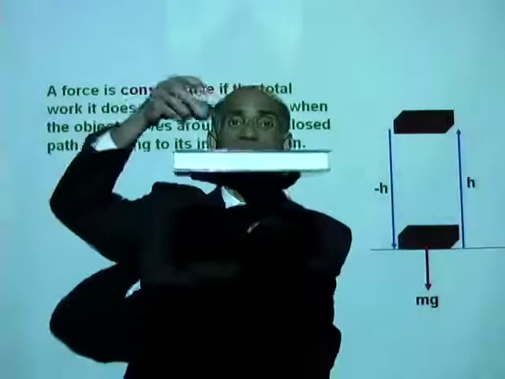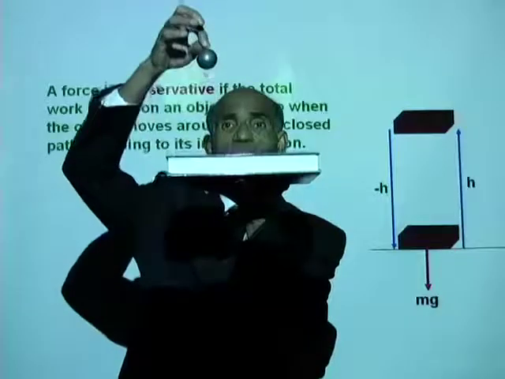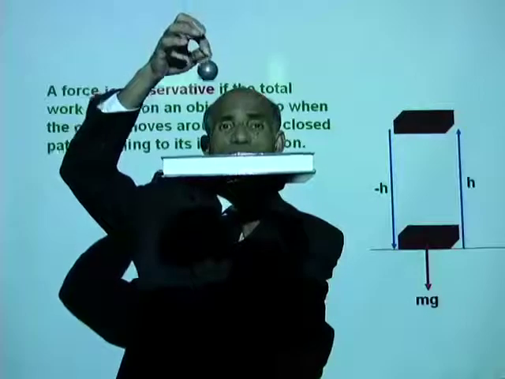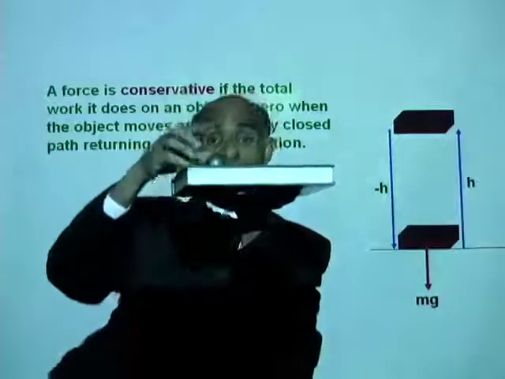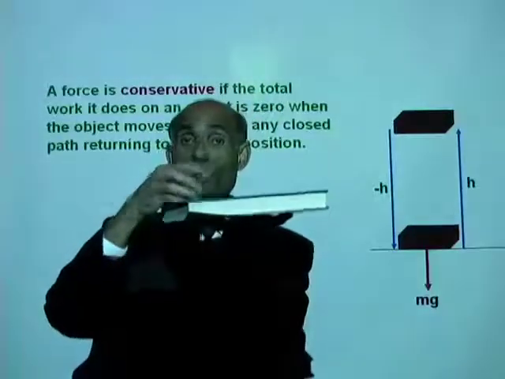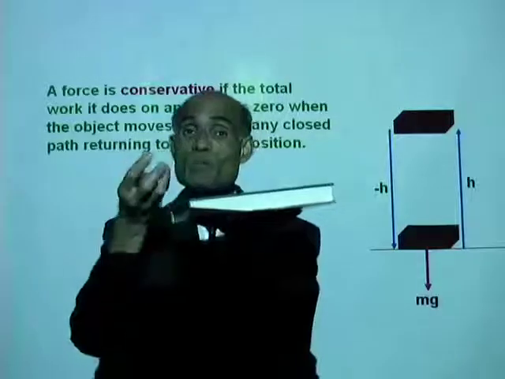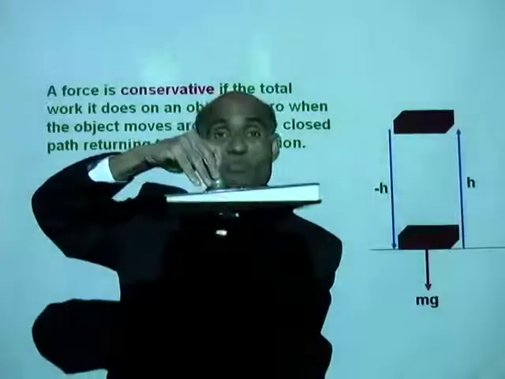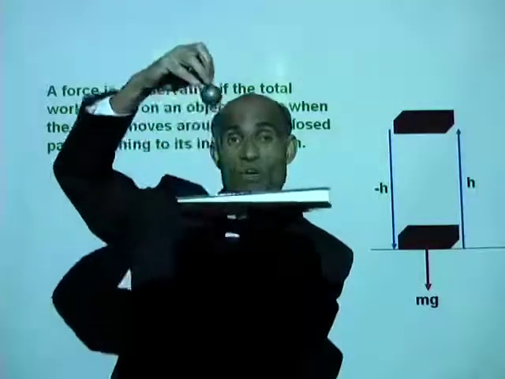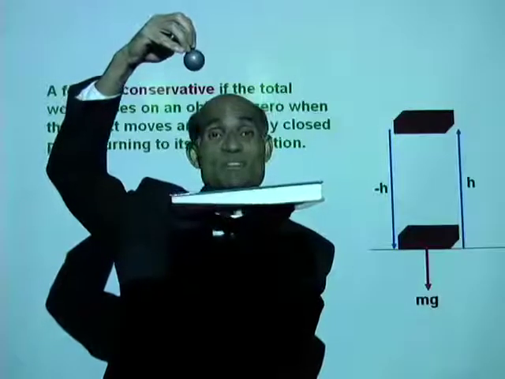Suppose this is the beginning. I raise the object through a height h and leave it. The force of gravity, I'm not talking about the work done by the force I applied. I'm talking about the work done by the force of gravity. The work done by the force of gravity for the first part of the journey is negative mgh.